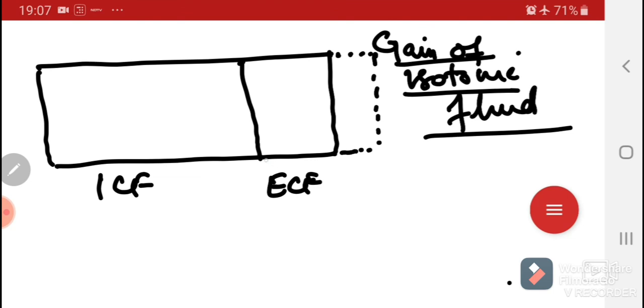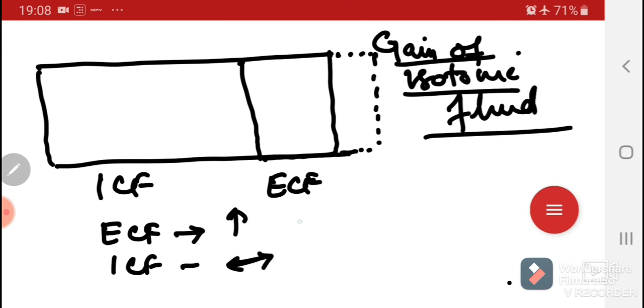Simply there is increase in the volume of ECF and there will be no shifts because osmolarity has not changed. So this happens when a person is infused with normal saline, what we call isotonic saline, or a person drinks a lot of isotonic fluids. So net result here is ECF increased, ICF no change, osmolarity no change.